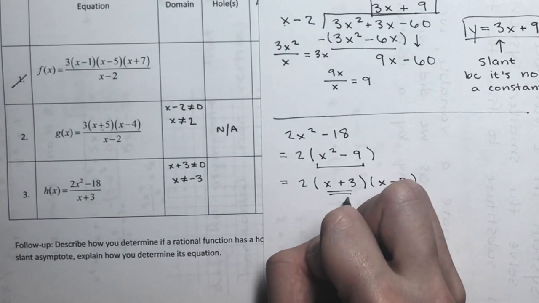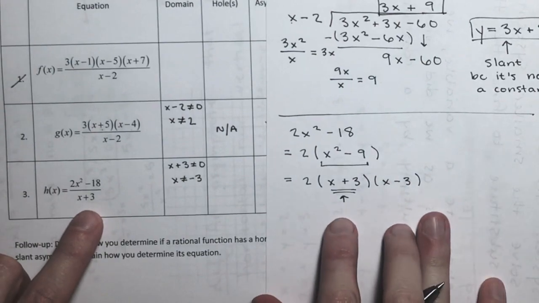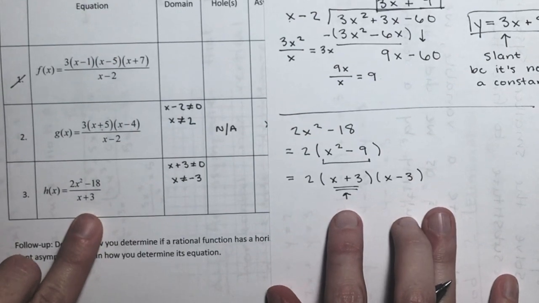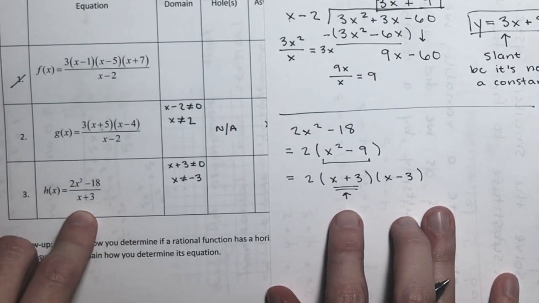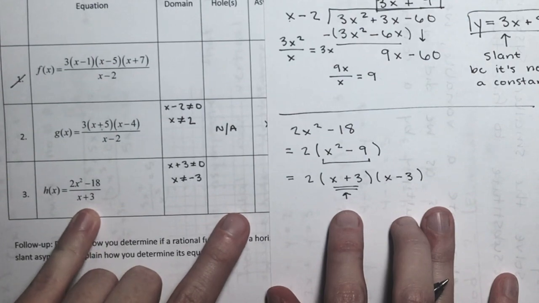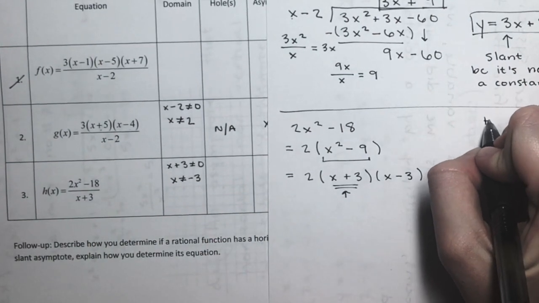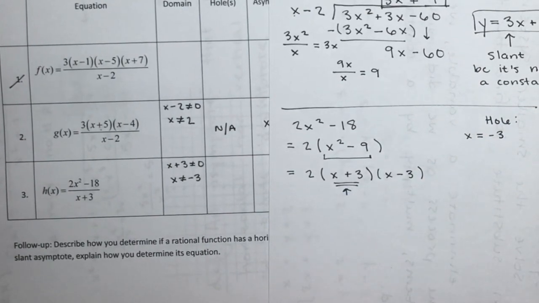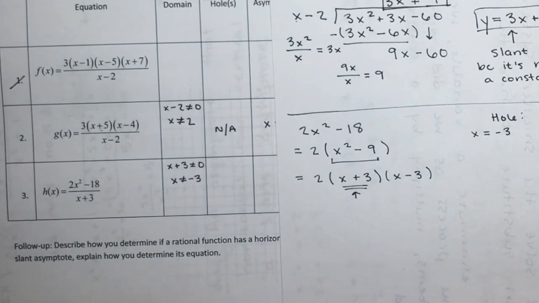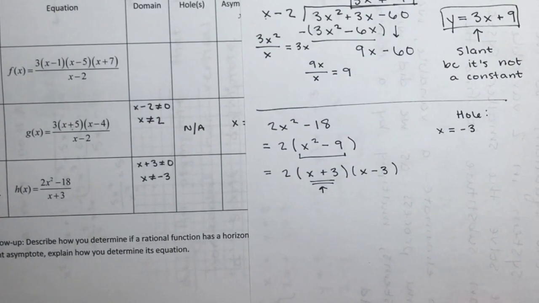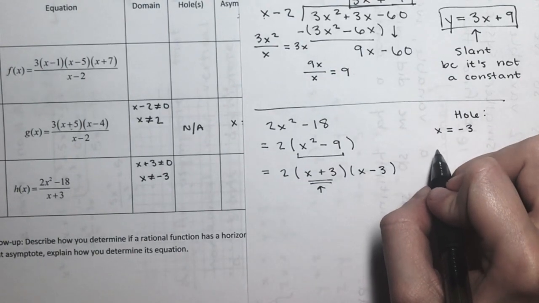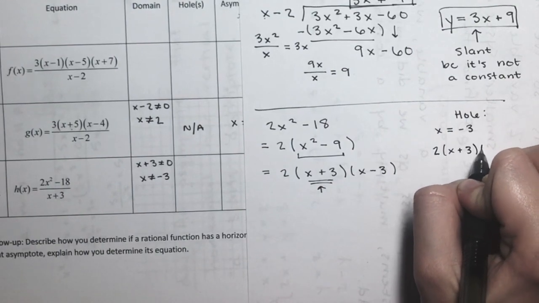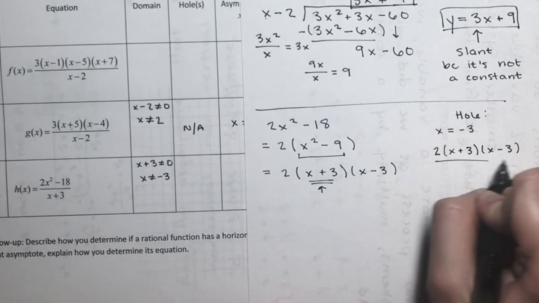So this guy is a repeat, right? We have a repeated factor in the numerator and the denominator. So what does that mean? It means we have a hole at x equals negative 3. How do we find the y value of the hole? Well, remember, we want to cancel out those like factors, those repeated factors, and then plug it into what's left.